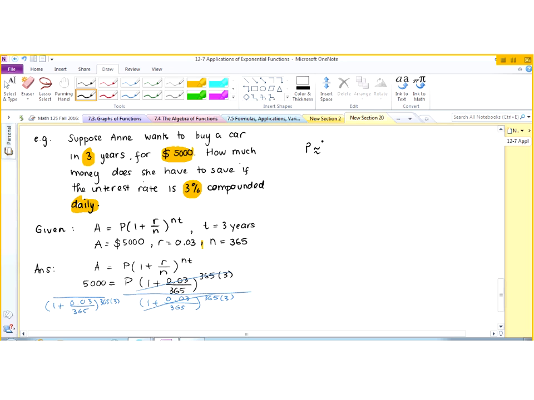Okay, so what's your answer? Oh, I got syntax error. Okay, wait. 5,000 divided by 1 plus 0.03. Oh, okay. I'm missing one more parentheses here. Oh no, I don't. Oh, I have too much parentheses.